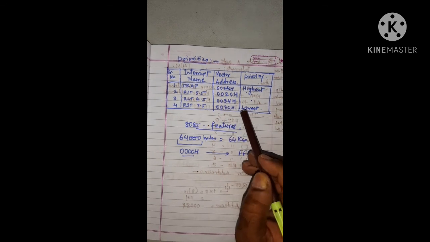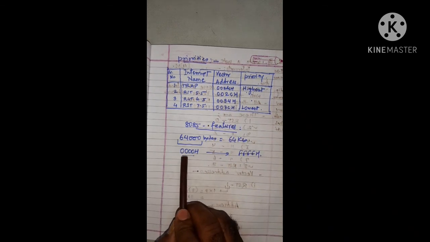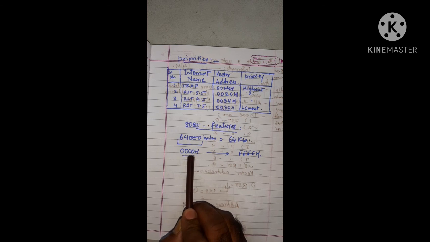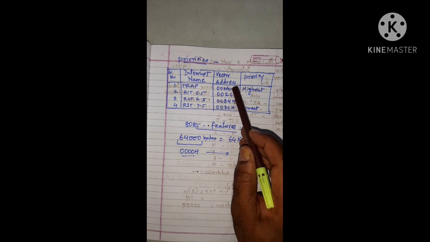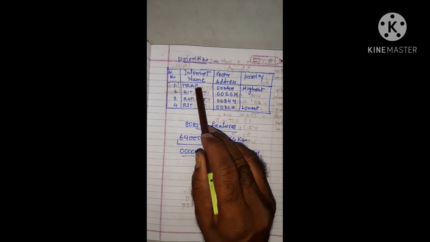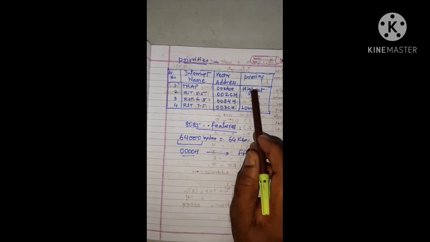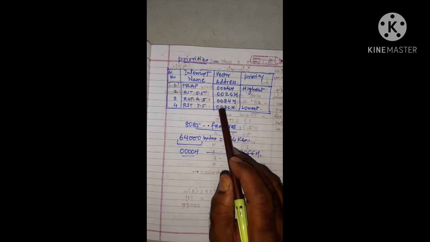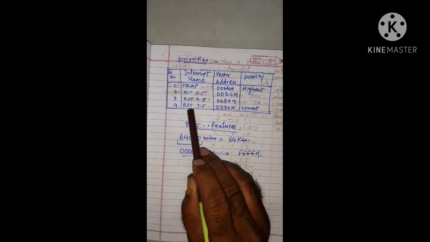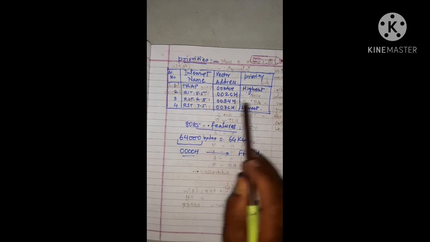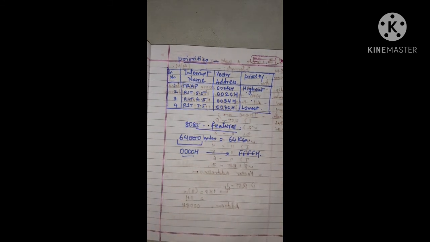So right from the starting address of the microprocessor, first of all we get the address 0024H. That's why the interrupt TRAP has the highest priority, while 003CH is reached at the last. That's why RST 7.5 has the lowest priority among the interrupts.